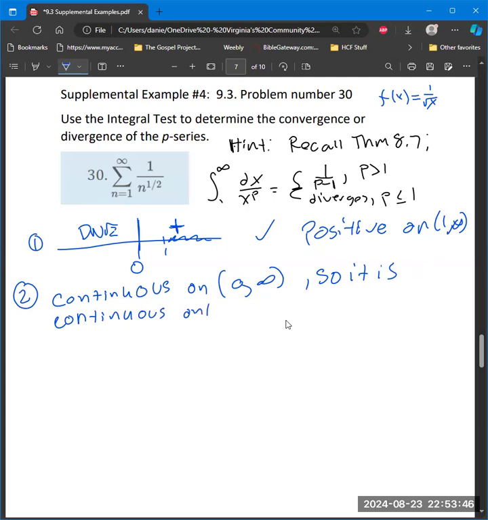On 1 to infinity, its only discontinuity was at x equals 0 because there's nothing to the left of that. So it's continuous on its entire domain there, maybe excluding that vertex depending on how you define continuity there, where it only comes from one side.